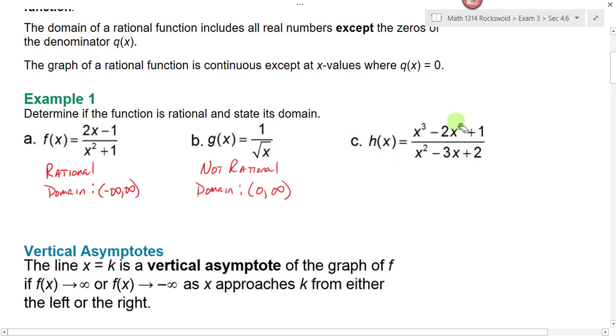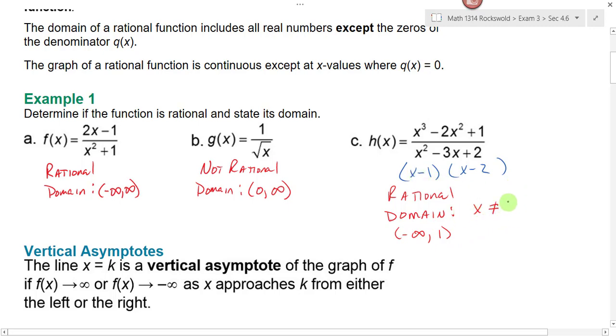Now, on this one, I need to go ahead and factor the denominator. When we factor this denominator, it factors into x minus 1 times x minus 2. Is this a rational function? Yes, it is. What is the domain of this rational function? Okay, you want to give me my answer in interval notation. It might be easier if we write what x cannot be.